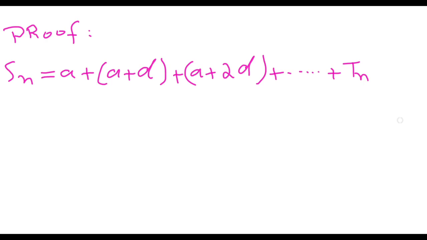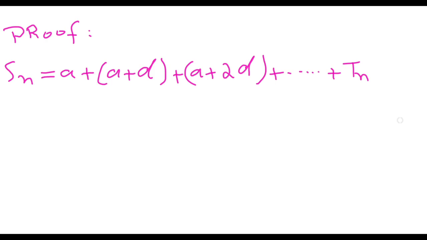The sum of an arithmetic series Sn can be written as the sum of its terms from the first term a to the nth term Tn, where each term increases by a common difference d.